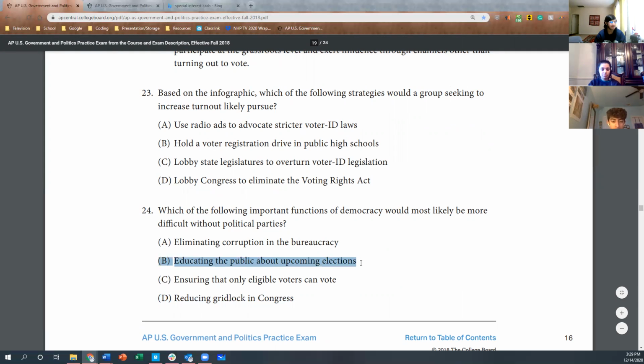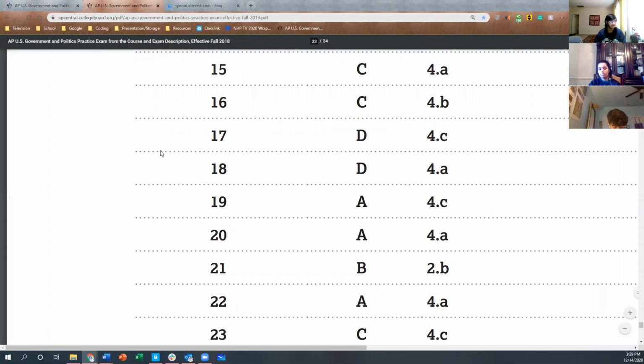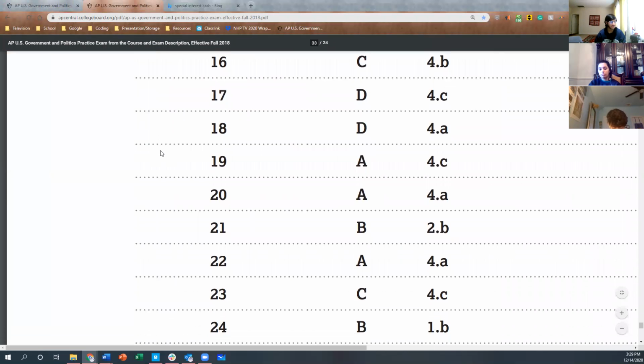Educating the public about upcoming elections might be a potential answer, because then it would be harder to align yourself with one party or one kind of statement. Ensuring that only eligible voters can vote? I feel like that doesn't make sense. B makes the most sense to me. Yeah, because parties can form coalitions, and yes, B.